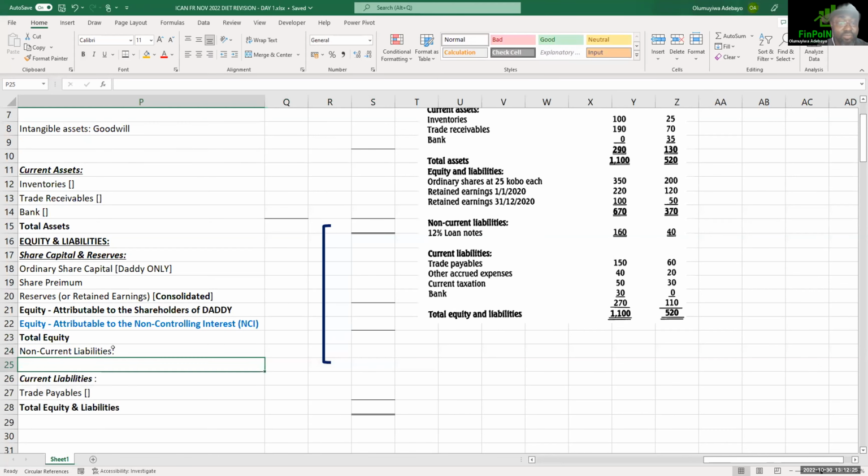Bank, we have 0 plus 35 plus, remember there was an adjustment for cash in transit, which says we should increase our cash position, and that is plus 5. Okay, in that case, we can sum up this. But there's one other adjustment that I can put here as other receivables.